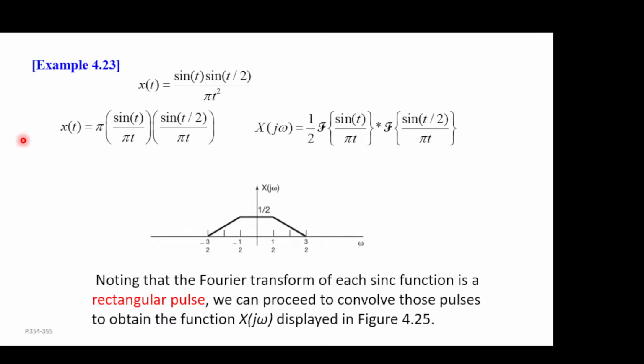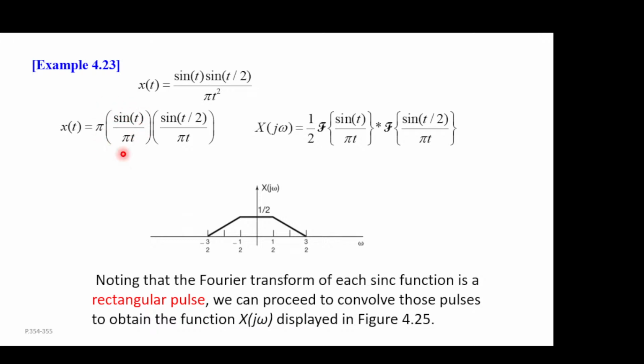We want to see the Fourier transform of this signal. As we said, we construct this as the multiplication of two sinc functions. And we know that the Fourier transform of a sinc function is a square wave function.